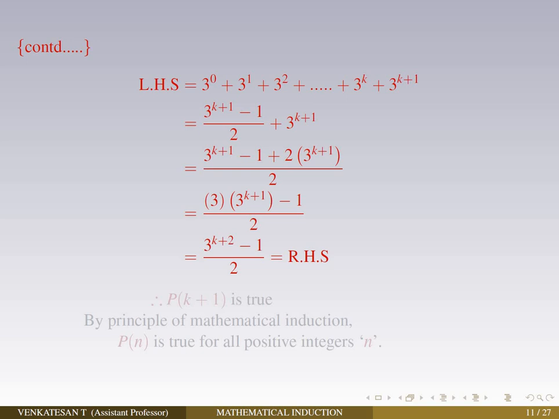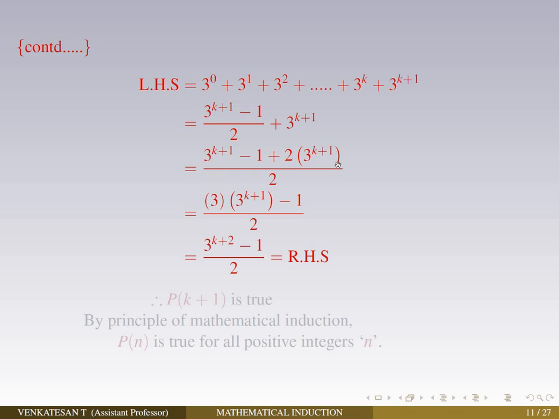Consider the left hand side for proof now. My left hand side is 3 power 0 plus 3 power 1 plus 3 power 2 plus etc. plus 3 power k plus 3 power k plus 1. By using the inductive hypothesis, we can replace the first k plus 1 terms as (3 power k plus 1 minus 1) divided by 2, plus my last term is 3 power k plus 1. After taking LCM, I get (3 power k plus 1 minus 1 plus 2 times 3 power k plus 1) divided by 2.